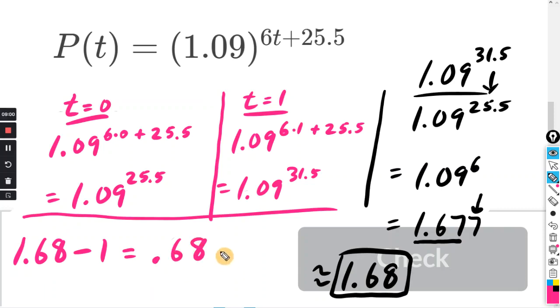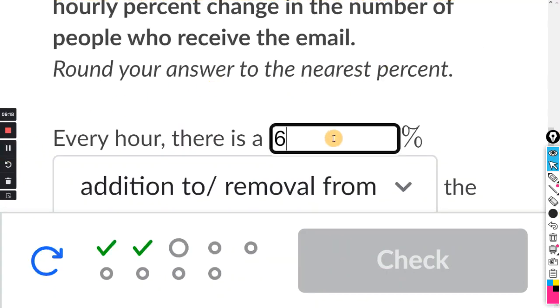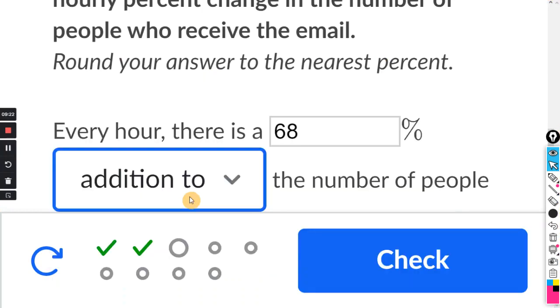Moving the decimal over 2 places, that's 68%. So multiplying by 1.68 will cause an increase of 68%. Okay, they said round to the nearest percent. So we got that, 68%. And that's an addition to.